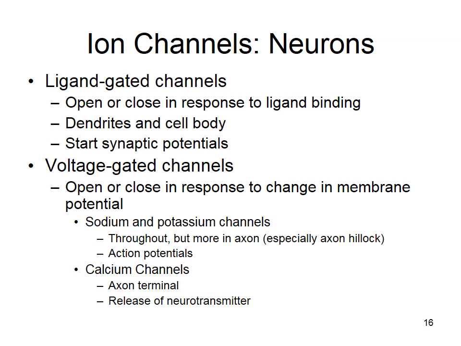Voltage-gated channels open or close in response to a change in membrane potential, and that change in membrane potential is due to those ligand-gated channels. The ligand-gated channels cause small changes in membrane potential that then affect the voltage-gated channels.